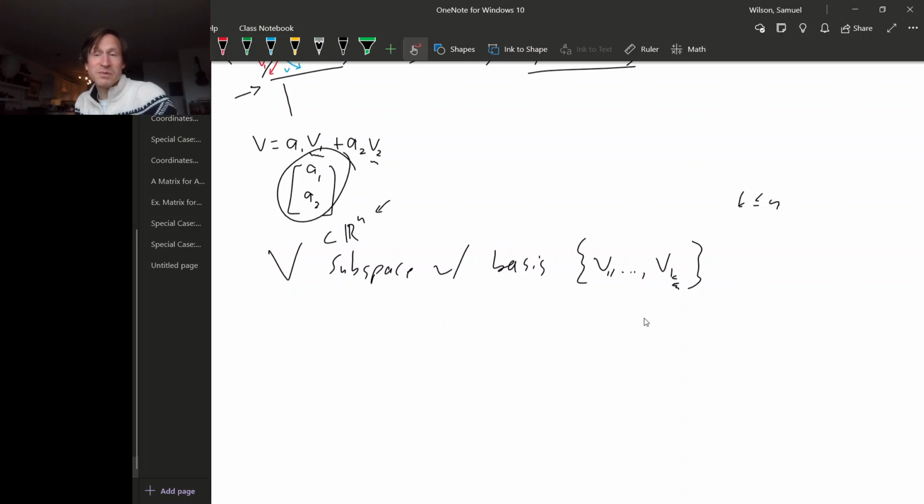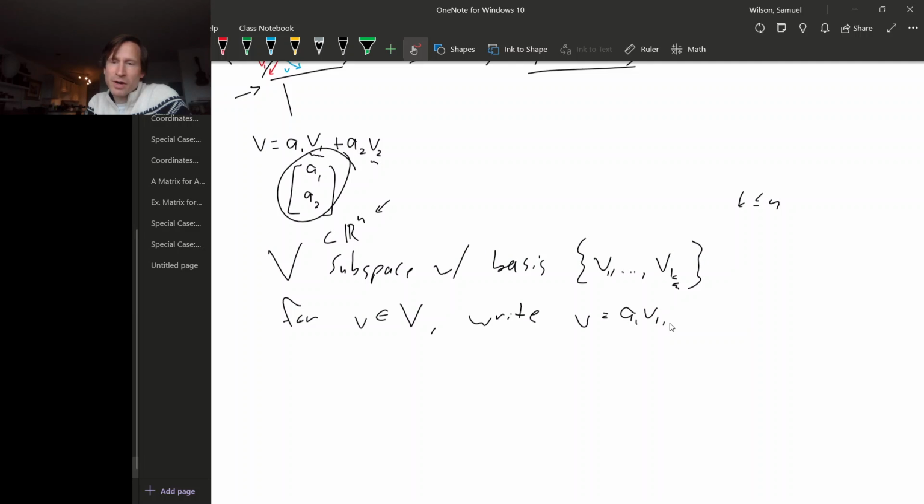So suppose we have a subspace with a basis. Then for any vector in our subspace, we can write this vector as a linear combination of our basis vectors. Sorry, these should be pluses here. And the key thing here is that this representation is unique.